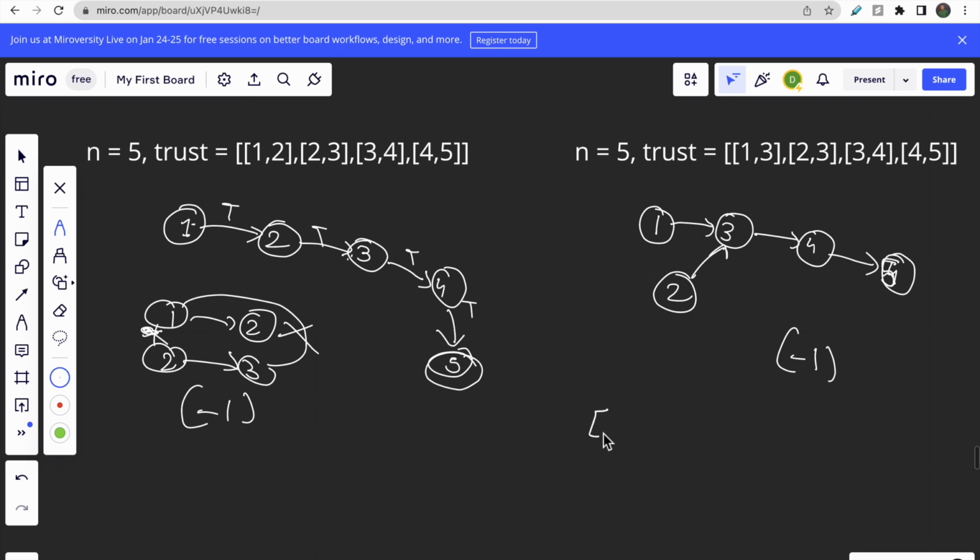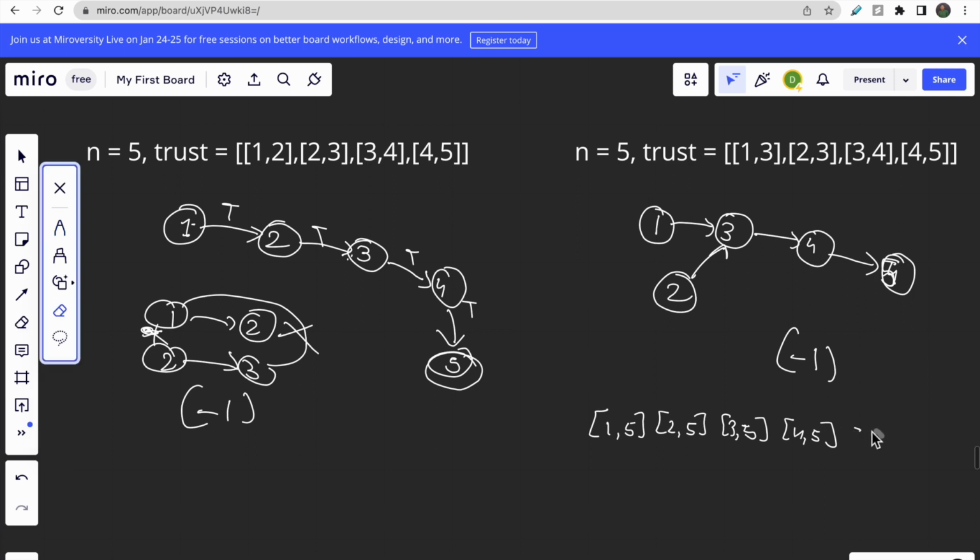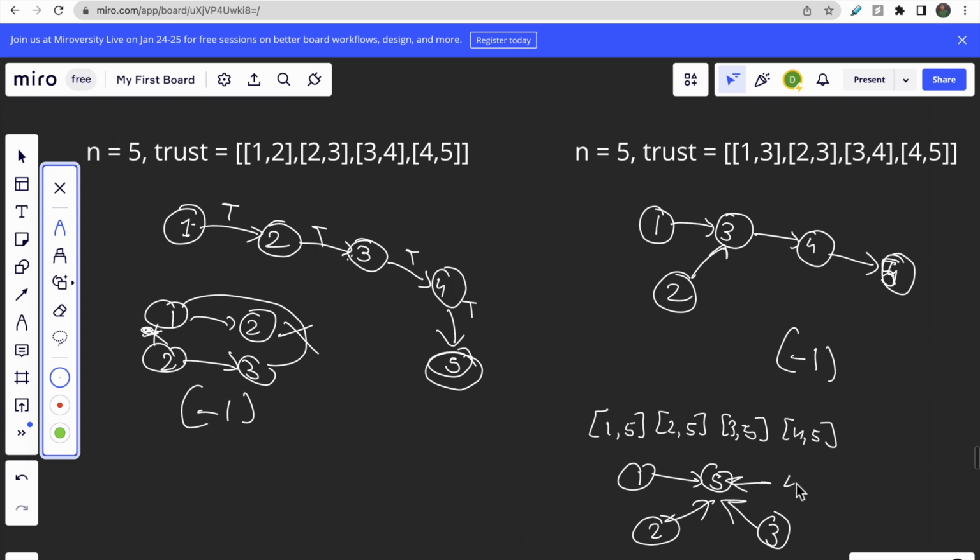If we had a situation like 1 5, 2 5, 3 5, 4 5, and 5 5 (5 5 is not required, so I'm erasing it), then 1 trusts 5, 2 trusts 5, 3 trusts 5, and 4 trusts 5. All the people except 5 are trusting 5, and 5 trusts nobody. So for this example, 5 is the town judge.